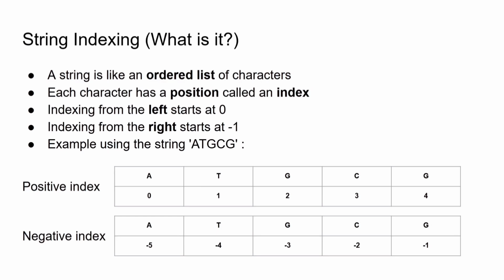Now if we count from the right side, the last character G becomes -1, C becomes -2, G becomes -3, then T is -4, and the A at the beginning is -5. So positive indexes count from the left and negative indexes count backwards from the right.